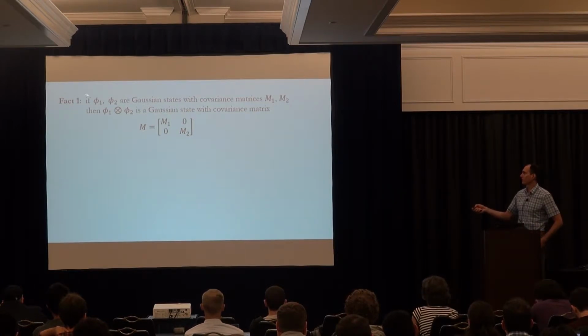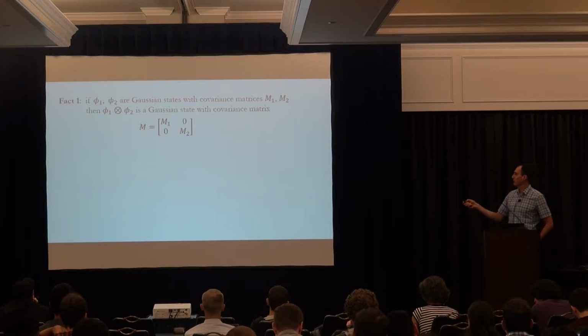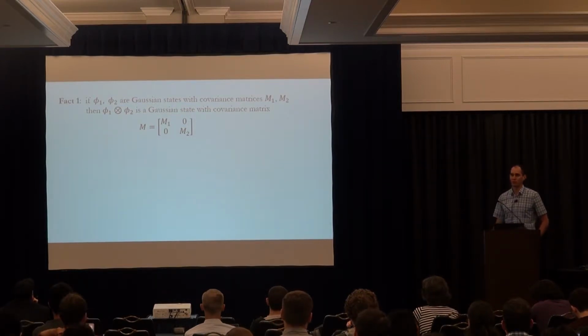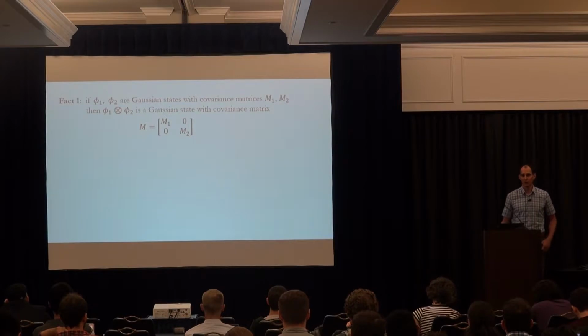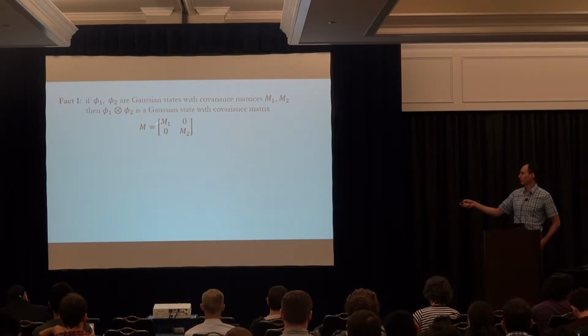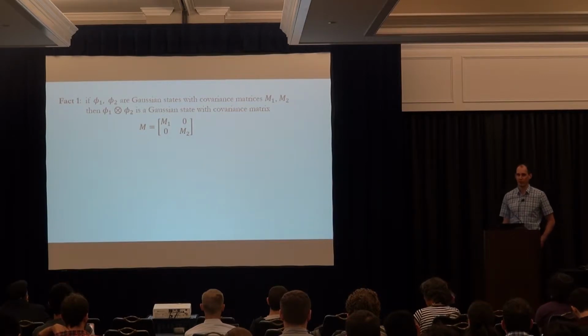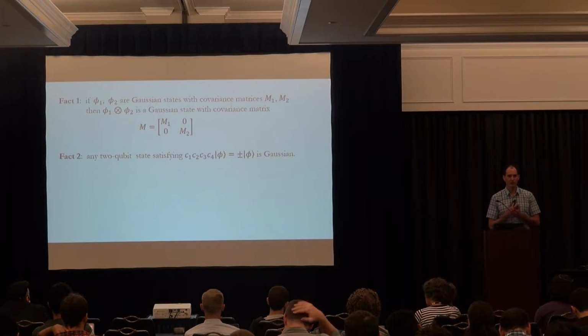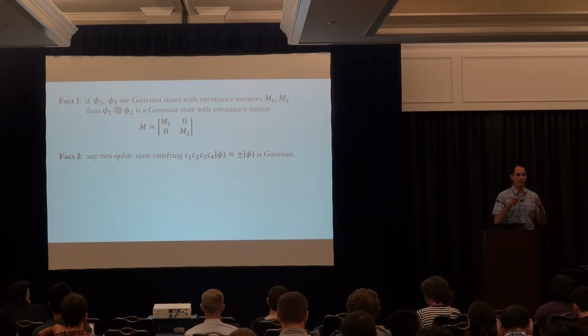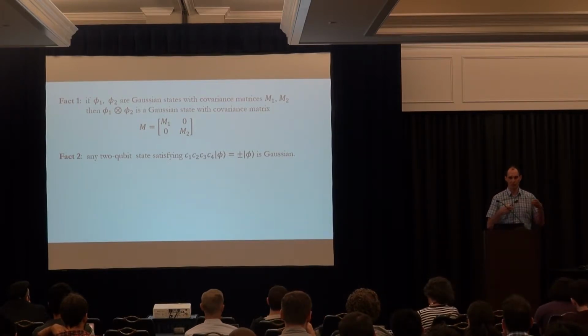First of all, if we have a pair of Gaussian states phi1, phi2, then the tensor product is also a Gaussian state, and its covariance matrix is just a direct sum of the covariance matrices of phi1 and phi2. Secondly, if we have a small number of modes, then essentially any state is Gaussian.